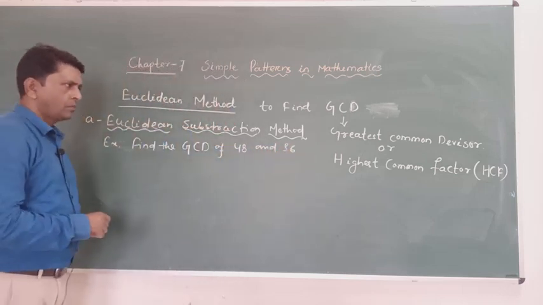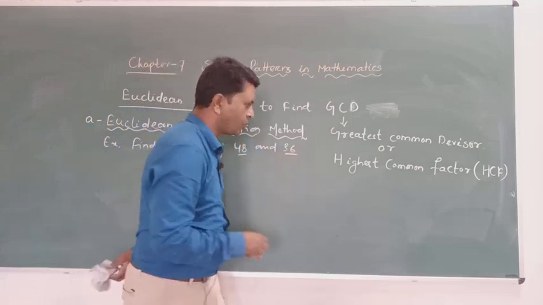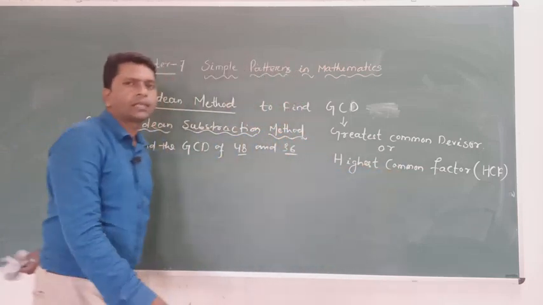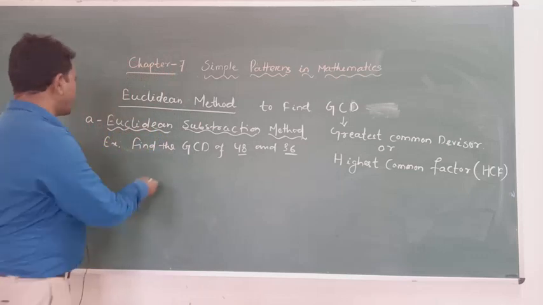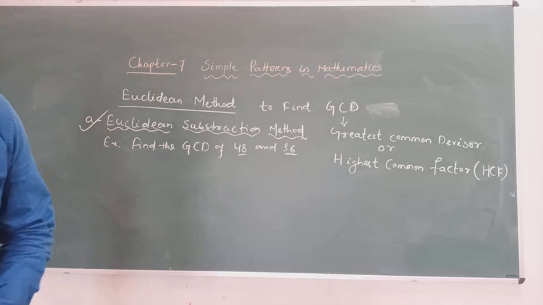So when you are going to find the GCD or HCF of 48 and 36, what do you have to do in the Euclidean subtraction method?